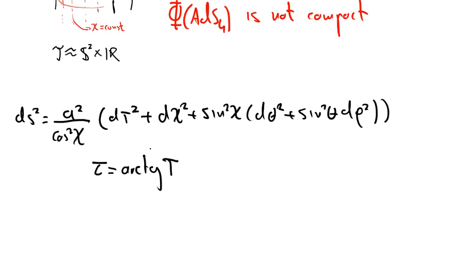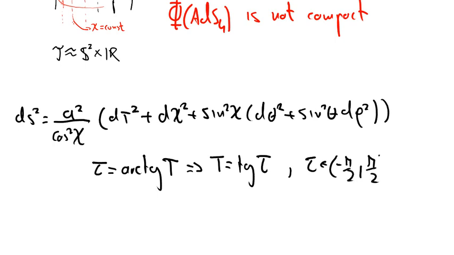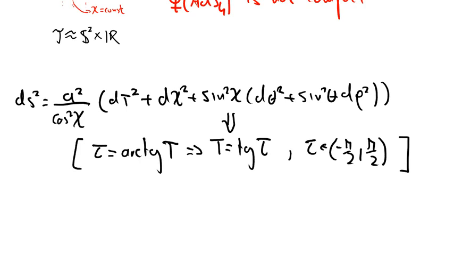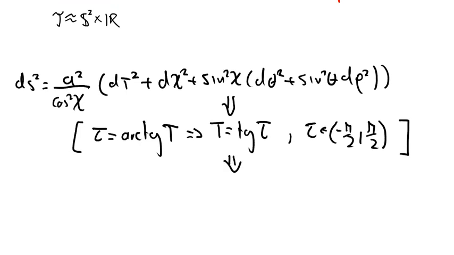Okay, so now with this definition, we find that the new time tau is varying within the interior of a compact set. Now it's very simple to find the new expression of the metric.